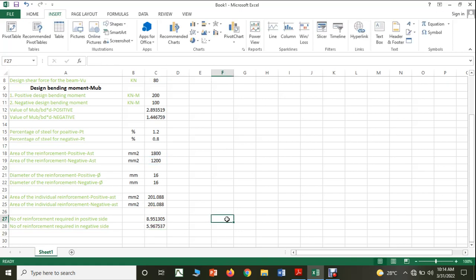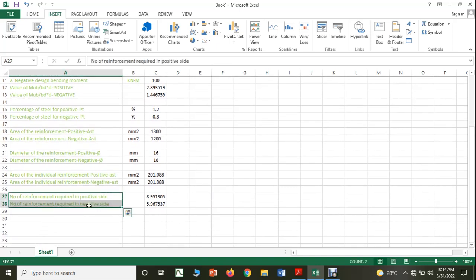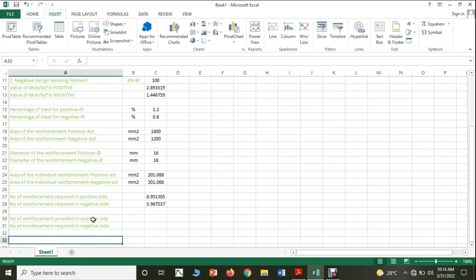So it will be numbers, right? Instead of number of reinforcement required, you can say number of reinforcement provided, because we cannot have uneven numbers. So let us make this as 10 and this as 6, just for the sake of example.